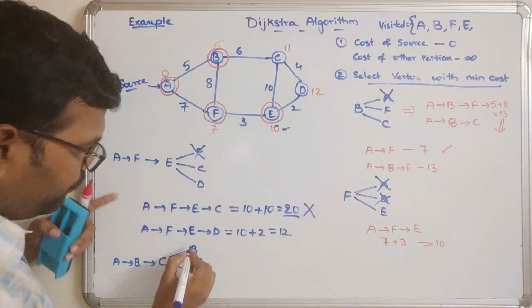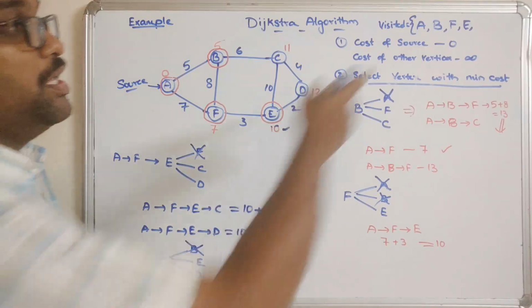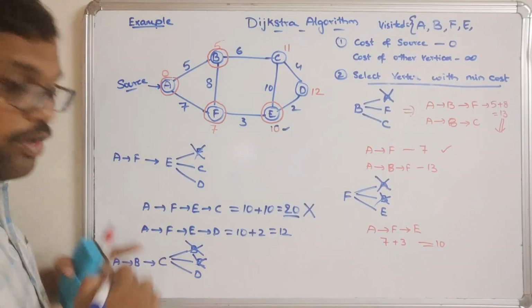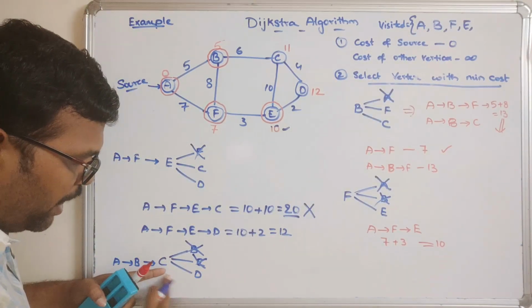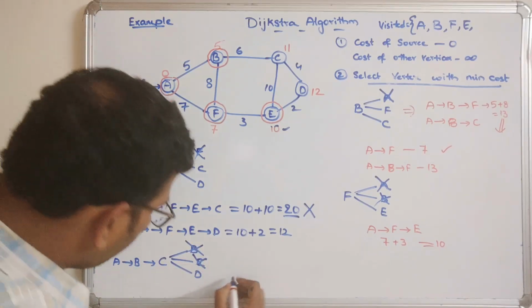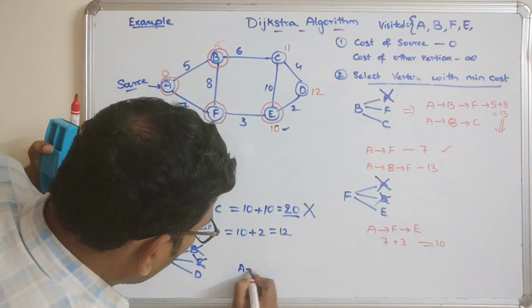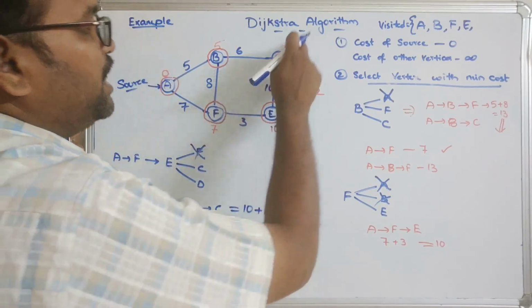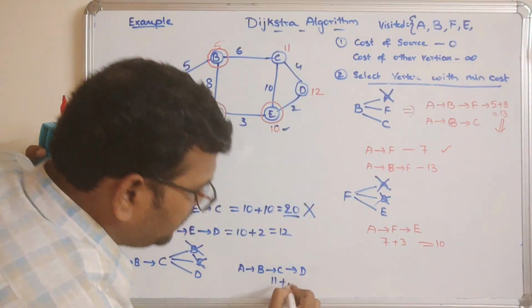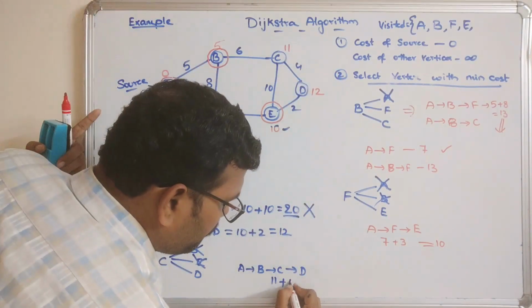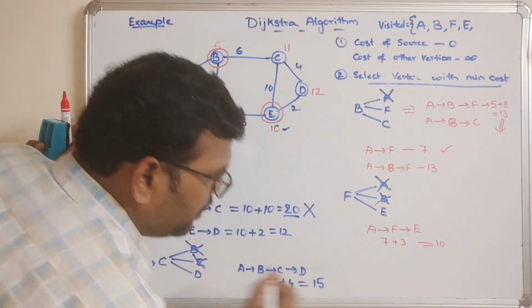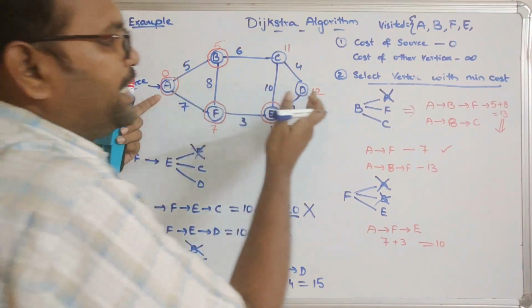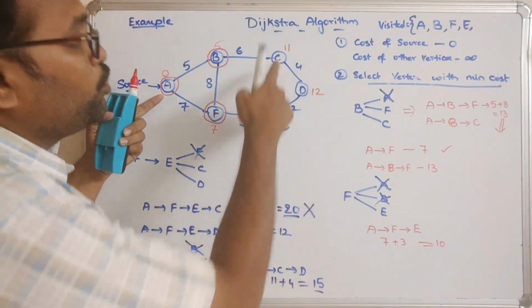B is visited, so you need not worry about this. E is also visited, you need not worry about this. So we are having only one edge, that is from C to D. So that implies A to B, B to C, C to D. Up to C it is 11 plus C to D it is 4, which is 15. So from A to reach D, the cost is 15 through C.